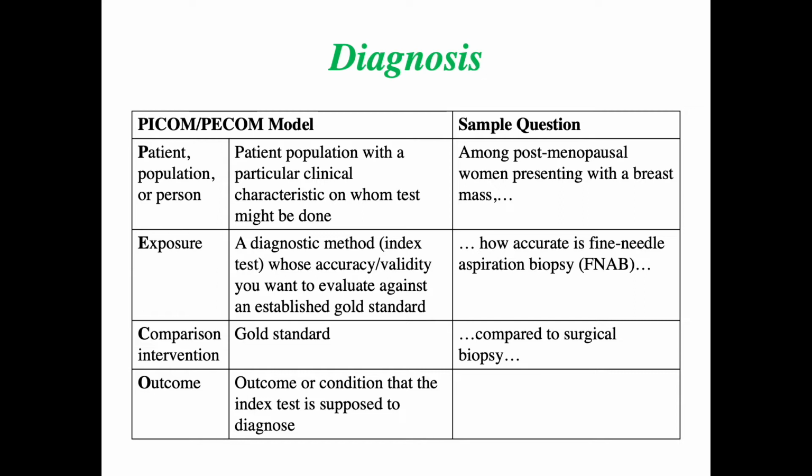So we have a gold standard here that is clearly more invasive than the index test that we're evaluating. And as I mentioned earlier, one of the things that inspire research questions would be looking at more acceptable alternatives to diagnostics.